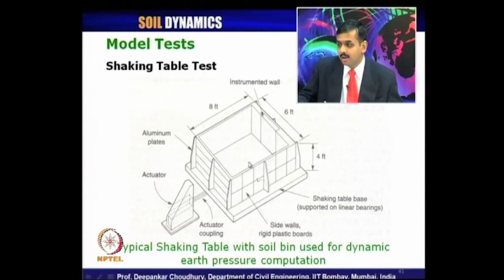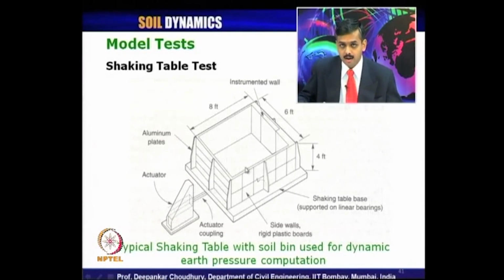There will be a retaining wall, you fill soil at one side, on the other side there will be a dredge level of the soil, you instrument that wall, and then you start shaking this table. As the name suggests, there will be an actuator coupled to this table that will start shaking it.